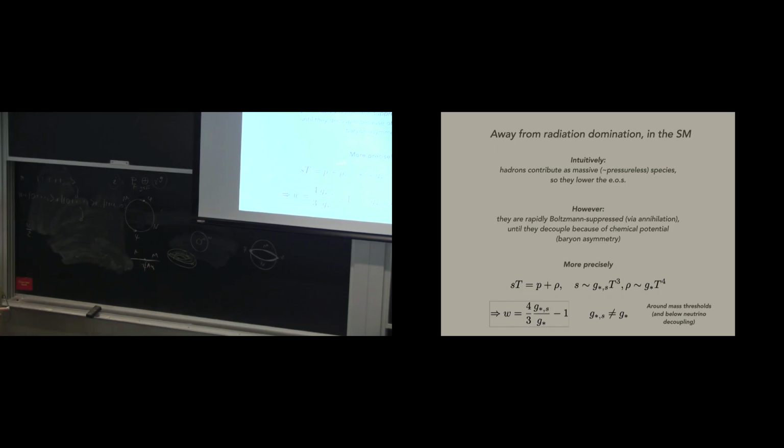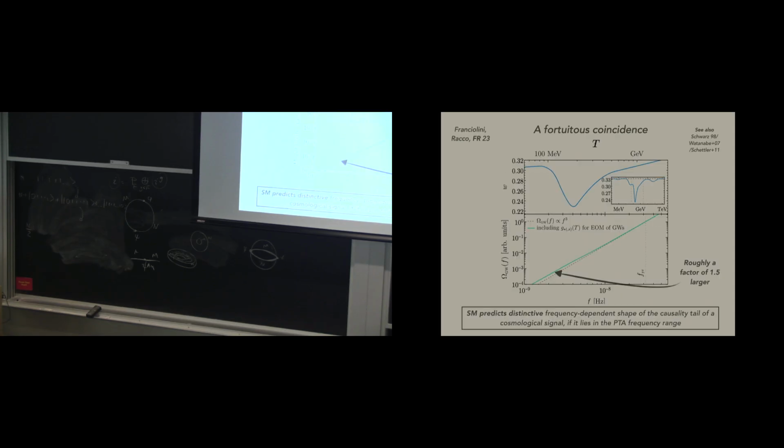But the more detailed computation is that you need to infer the values of g star S and g star from the lattice, which lattice QCD people have done. And then from this, using thermodynamics, you just relate it to an equation of state. And this is what you get. The result is a deviation. So this is the equation of state as a function of temperature on the upper x-axis, which I then relate to frequency on the lower x-axis, using the usual procedure.